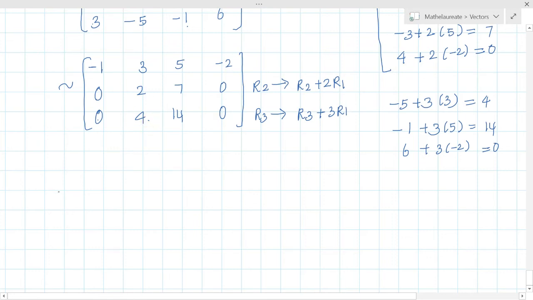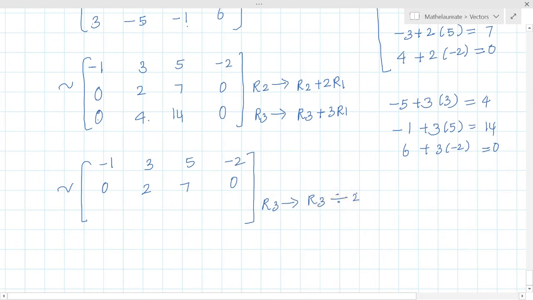So next step, write the first and second rows as they are: negative 1, 3, 5, minus 2, and 0, 2, 7, 0. New R3 is R3 divided by 2. If you divide by 2, you get 0, 2, 7, and 0.